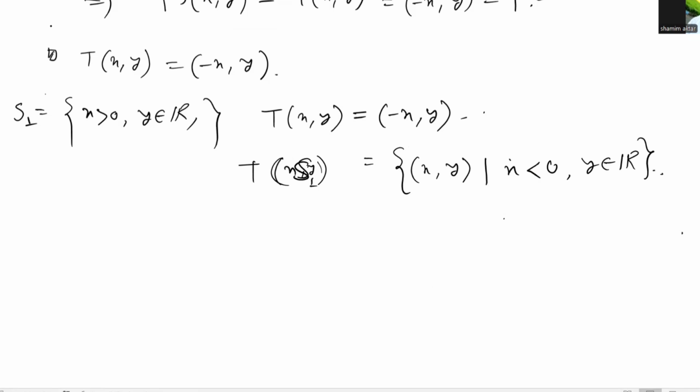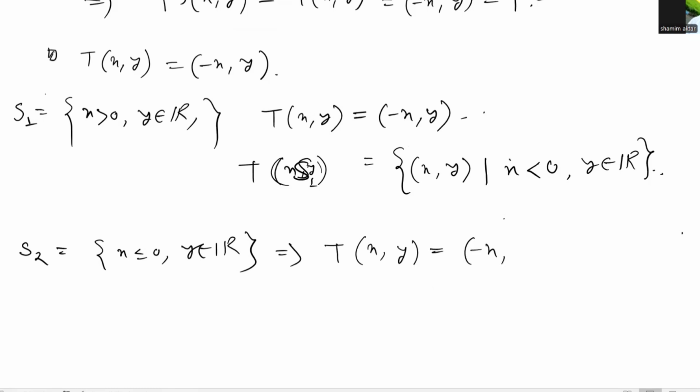Now S2 is the set of all points with x less than or equal to 0 and y arbitrary. The range of this set is (-x, y). If x is less than or equal to 0, then minus x is greater than or equal to 0.